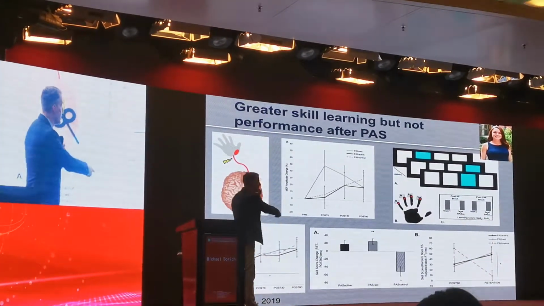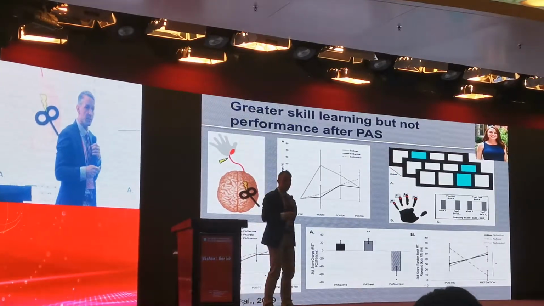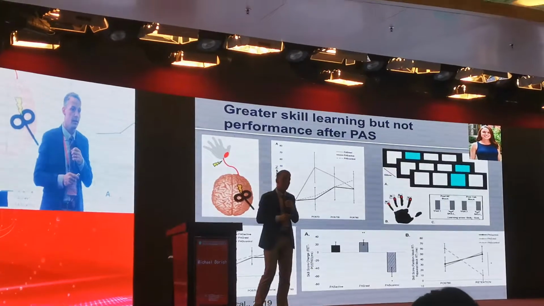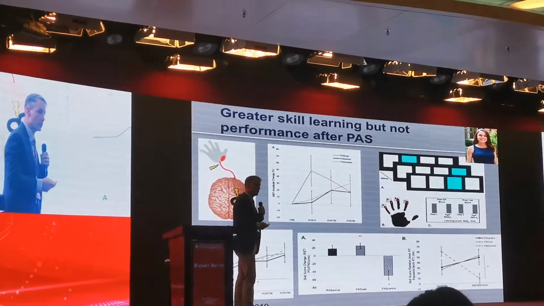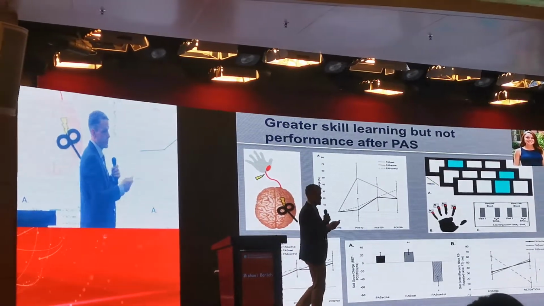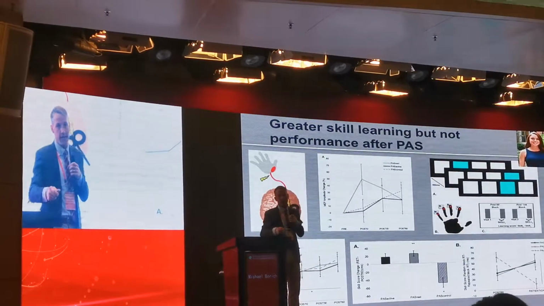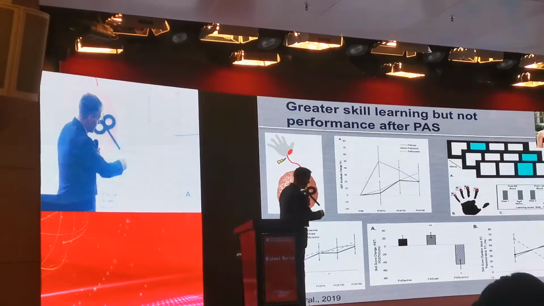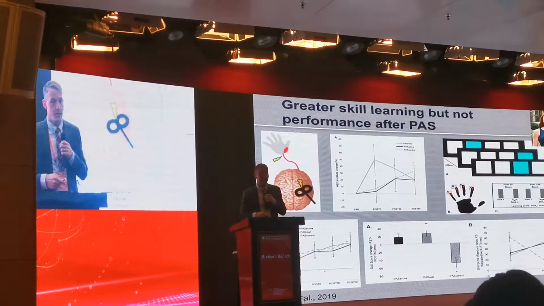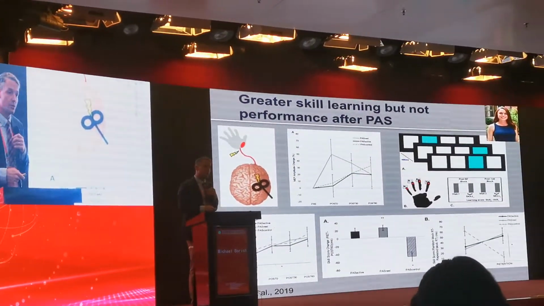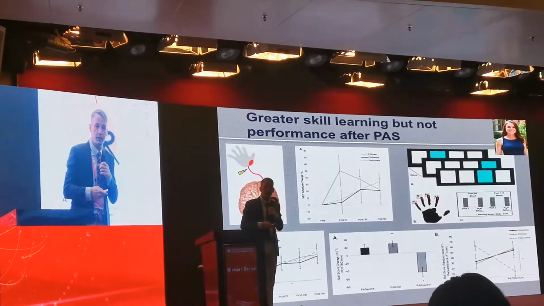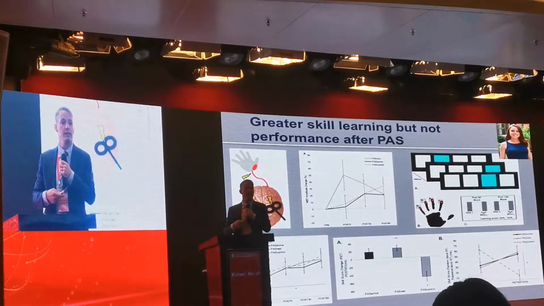In fact, we see enhancement of their ability to perform the skill compared to when they had finished the training. And that was only observed in the groups that received the real PAS intervention. In this case, PAS, whether the target hand was active or at rest. That's the only difference between the black bar and the gray bar. So this was pretty compelling evidence to us to show that in young, healthy individuals, you can actually have neuromodulation prior to training result in enhanced learning.